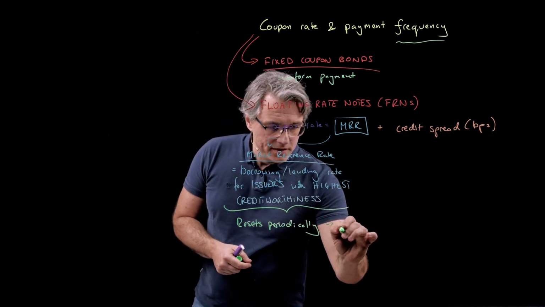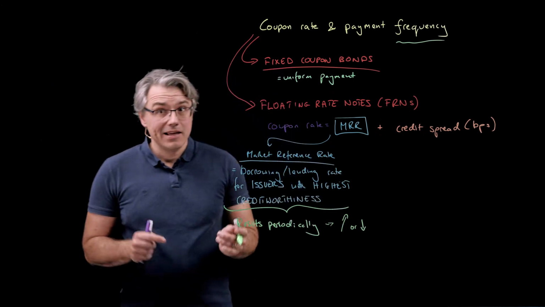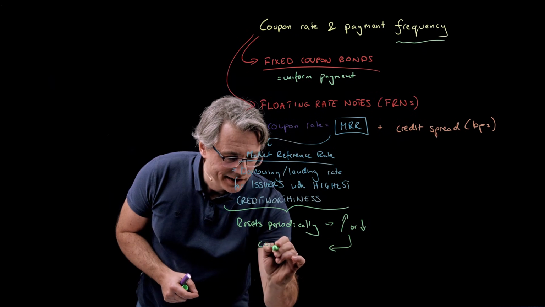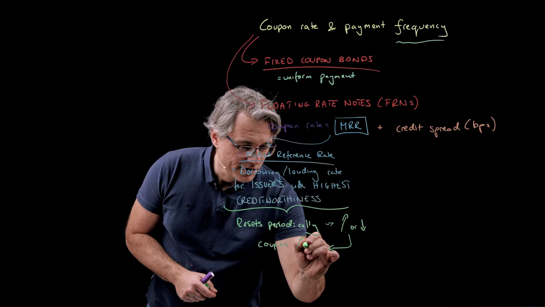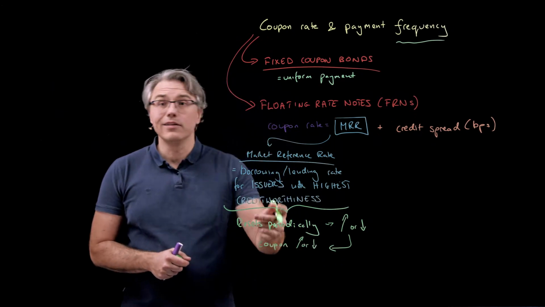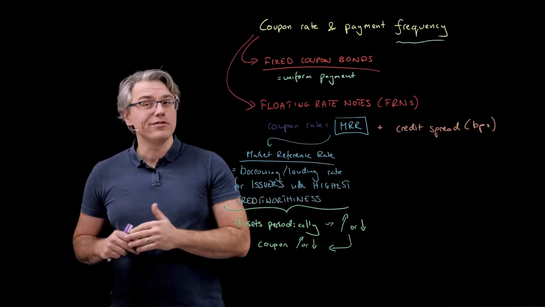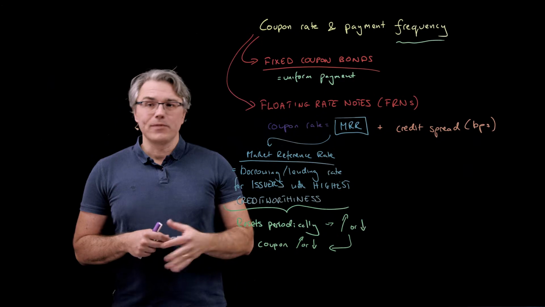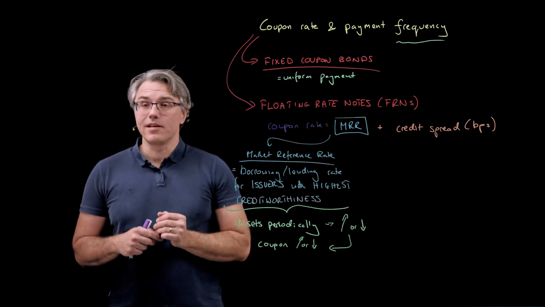This obviously means it can go up or down, causing also the coupon to accordingly also go up or down in line with what's happening to the market reference rate. In a question that we'll do in just a moment, you will see that I've used the example of the Euribor as a Europe or Eurozone specific market reference rate.